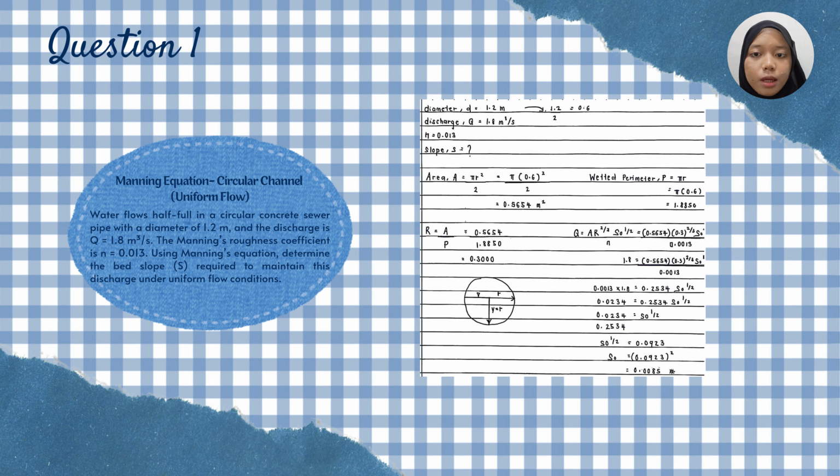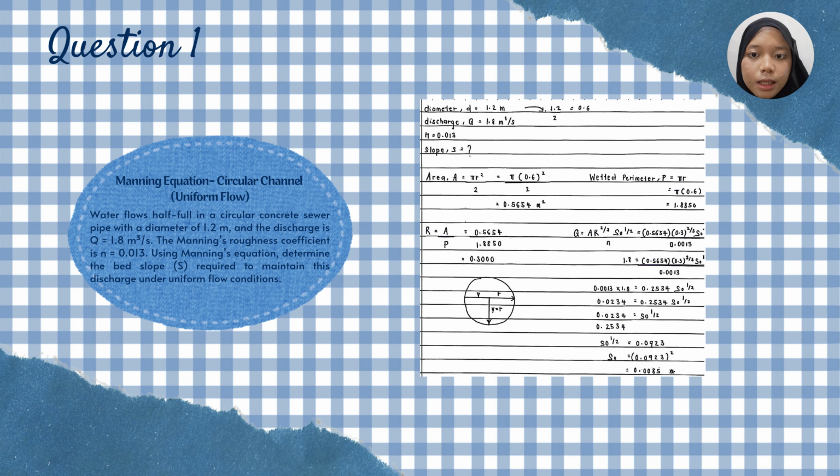And then now we'll have 0.013 times 1.8 equals the others, which is 0.5654 in brackets 0.3 to the power 2 over 3 and S to the power 1 over 2.